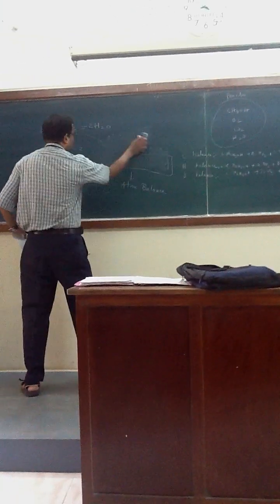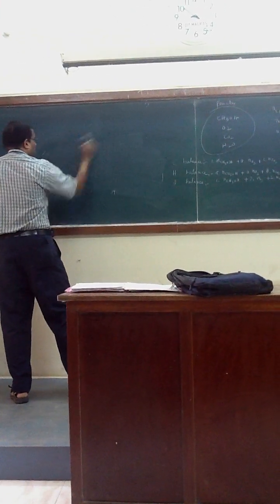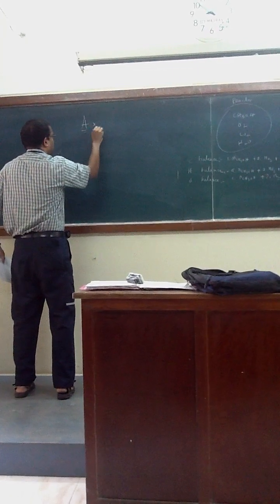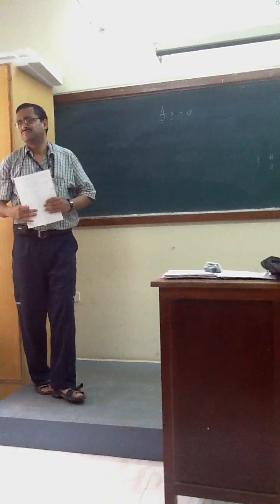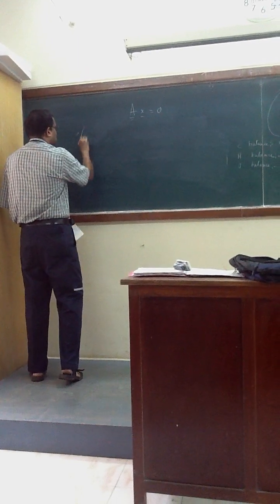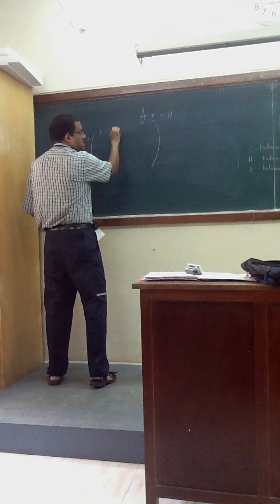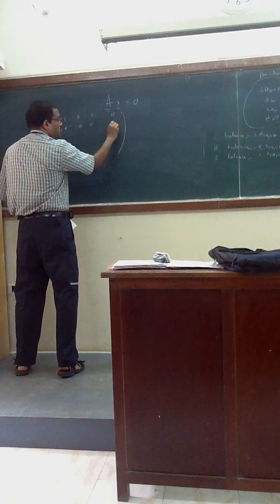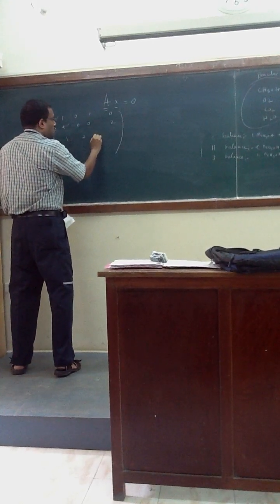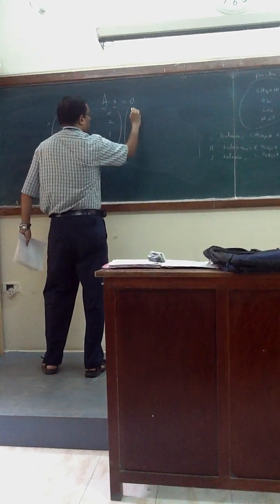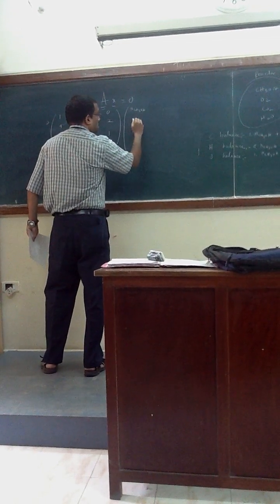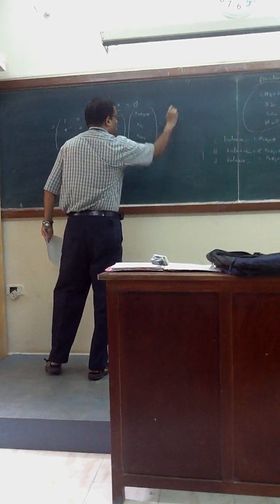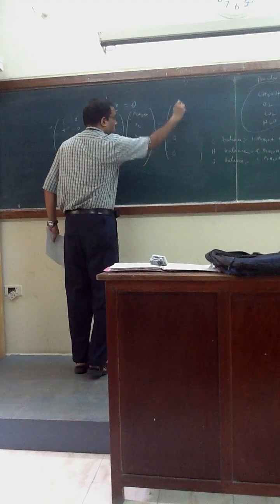From here, what kind of equation are you getting? You are getting Ax equals 0. Am I correct? The matrix is 1, 0, 1, 0; 4, 0, 0, 2; 1, 2, 2, 1, multiplying n_CH3OH, n_O2, n_CO2, n_H2O equals 0, 0, 0.